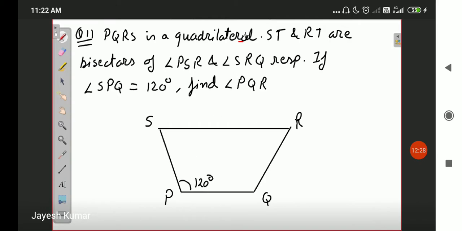In this quadrilateral, ST and RT are bisectors of angle S and angle R. What is happening here is a line ST, let me make a proper line for you. A line ST is the angle bisector of angle S and a line RT is the angle bisector of angle R. Okay.